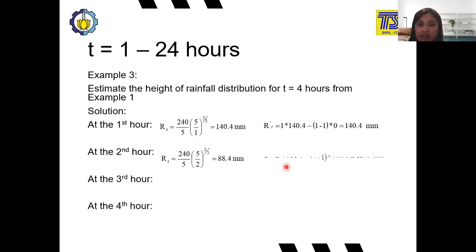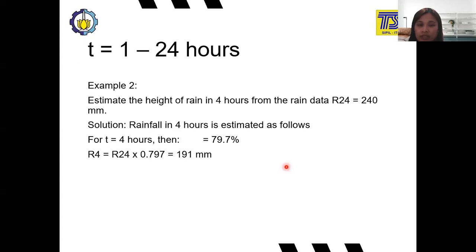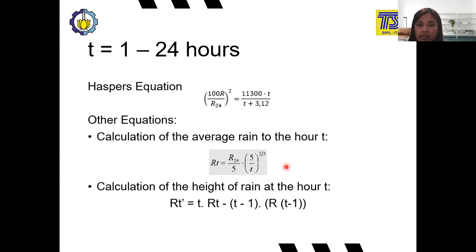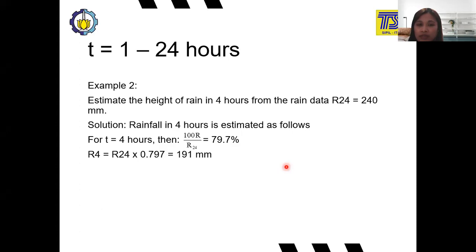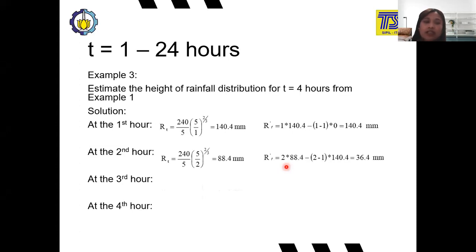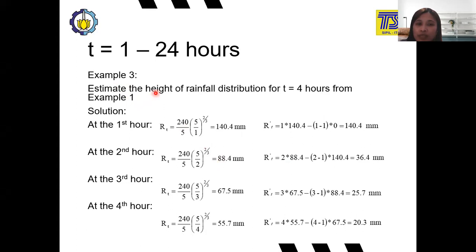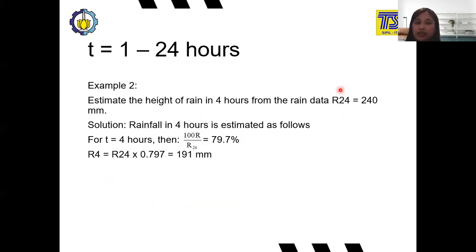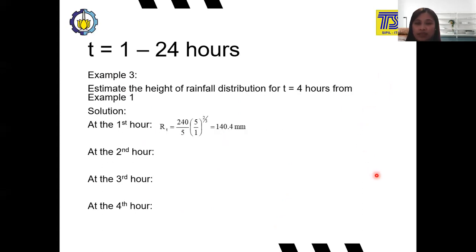If we use it for this, okay, it should be example 2 because we use 240 here. It's not example 1. For example 2 here, we have R24 equal to 240.